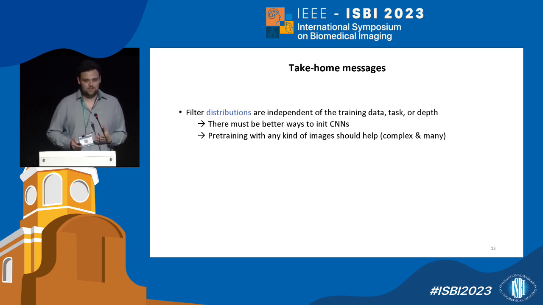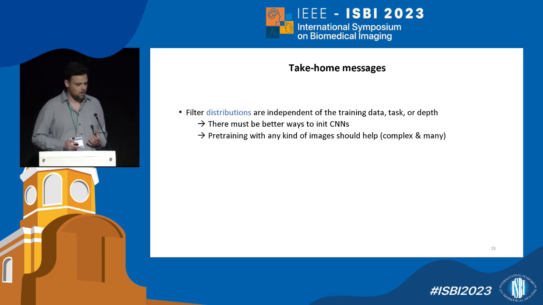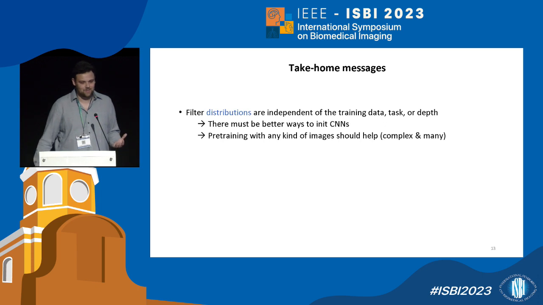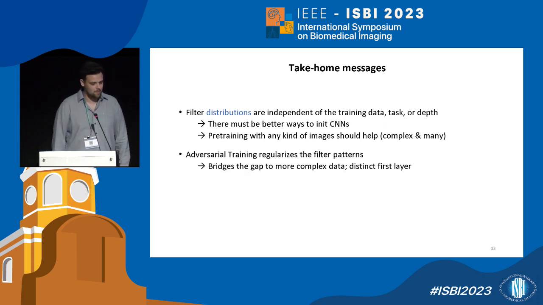There must be a better way to initialize CNNs, and this is something that we're currently working on. And it also means that in terms of filter distributions at least, pre-training with any kind of images should work as long as you have enough image data and you have complex enough image data. Whatever that means is probably defined by your actual problem.